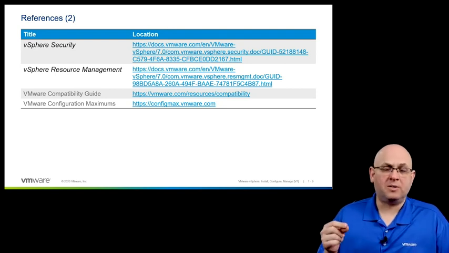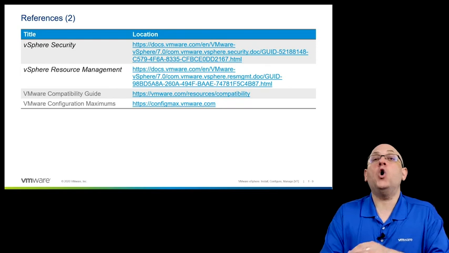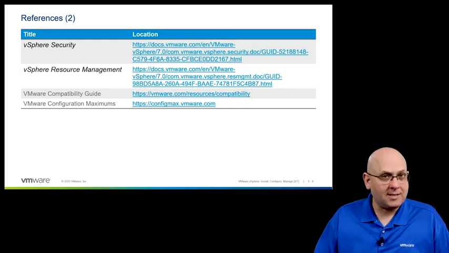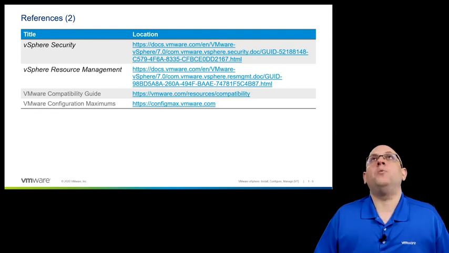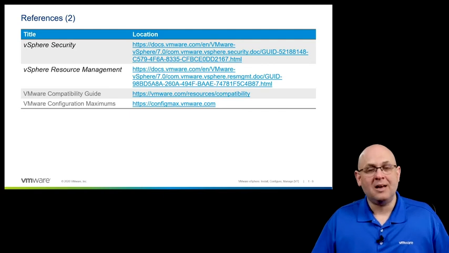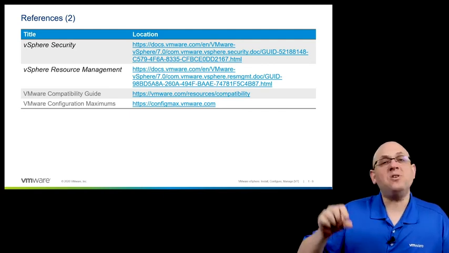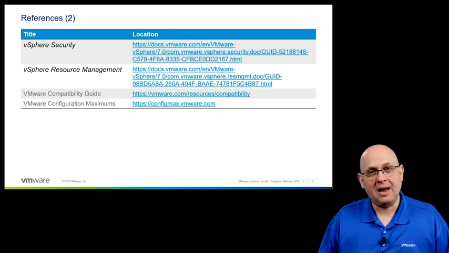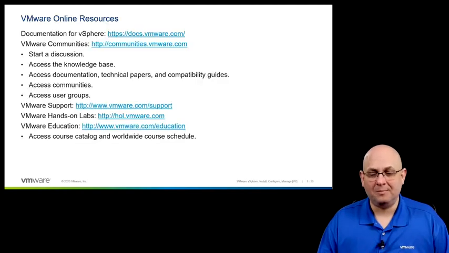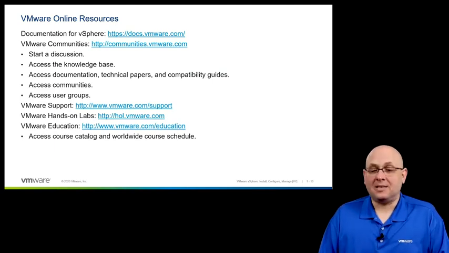One note for you, if you're interested in the certification at VMware: nobody on any VMware certification exam will ever ask you how many LUNs you can access from a particular ESXi host. We'll never ask you that, but we may ask you where you can find that information. The answer to that is always configmax.vmware.com.